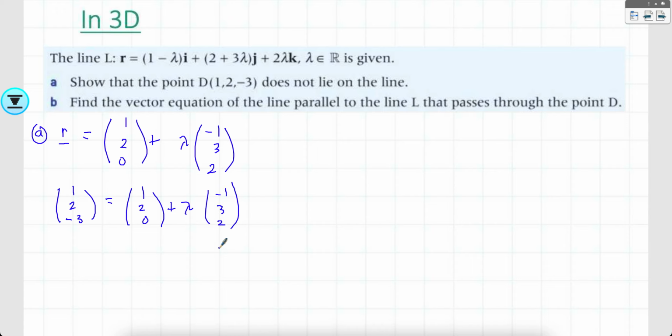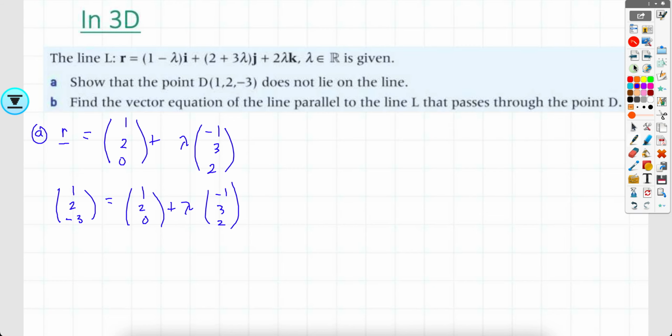So the idea is we can take these separately. So I can consider this first and say, well, if it does lie on the line, then 1 minus lambda should give me 1. That's for the first equation.